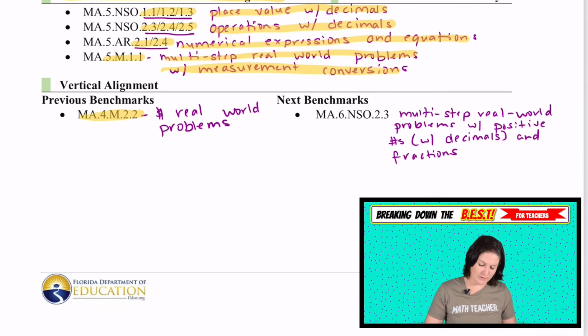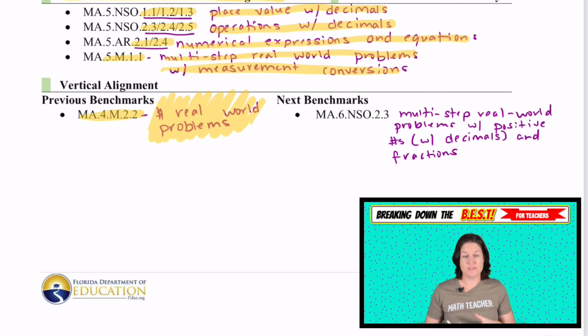Where are they coming from in 4th grade? Well, we also had real-world money problems in 4th grade. This is assuming when you're watching this, if you're watching this in the year of 2022, we've just embraced these standards. So students might not be coming into 5th grade with the alignment that they need.